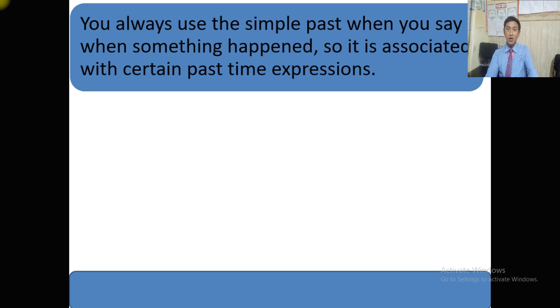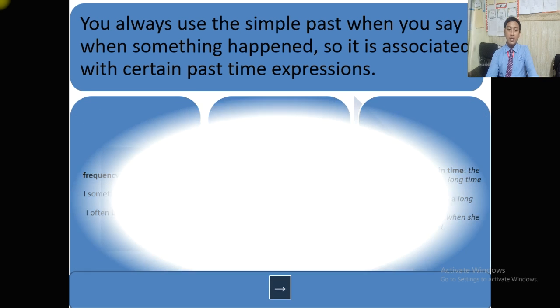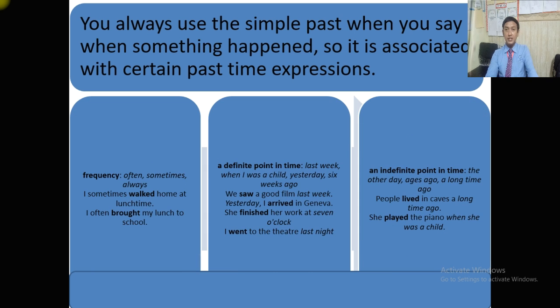Do you know what a certain time expression is? Now I want to give you examples and explain something related to certain past time expressions. We have 3 points to talk about the certain past time expressions that we use in the past simple. For the first, you can see here.